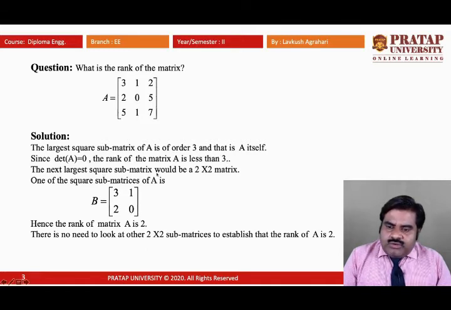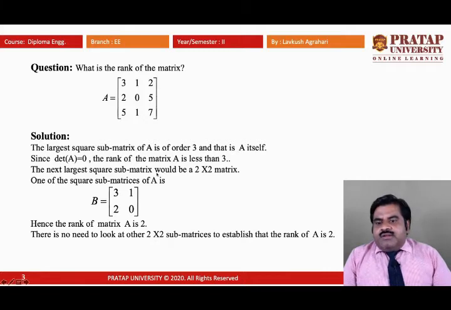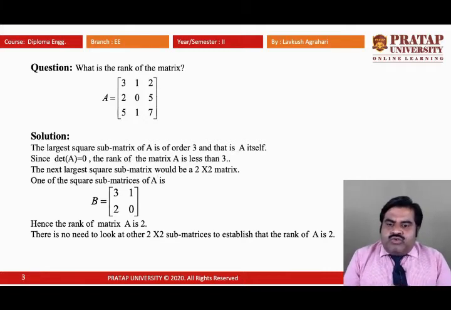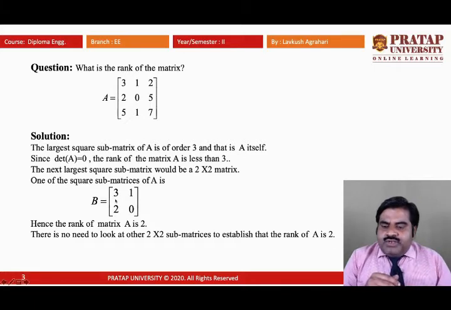Further we check the submatrices of order 2 cross 2, and we can find a submatrix B having elements 3, 1, 2, 0, and its determinant is non-zero. So we can say that the rank of this matrix is 2. If we find one minor of the matrix A which is not 0, we need not check other minors of order 2.